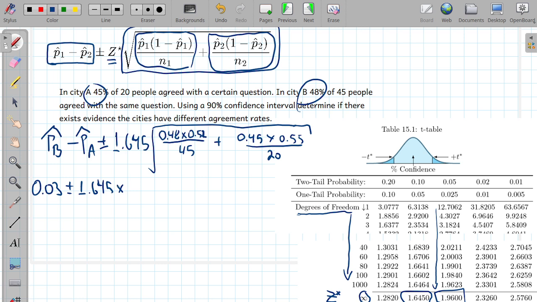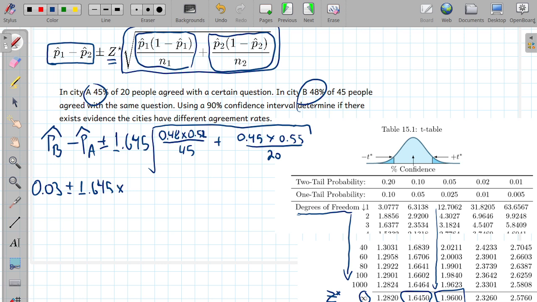I'm going to carry all the decimals, so I'm not going to write that down on the screen. I will put the computed square root up. And then we're going to have 0.45 times 0.55 divided by 20. And that gives us 0.012375, and so on.